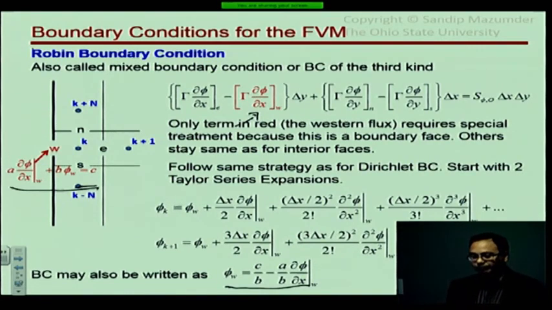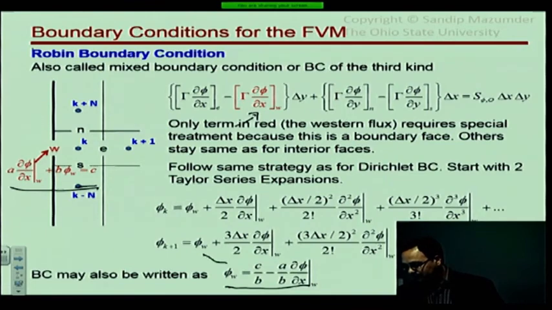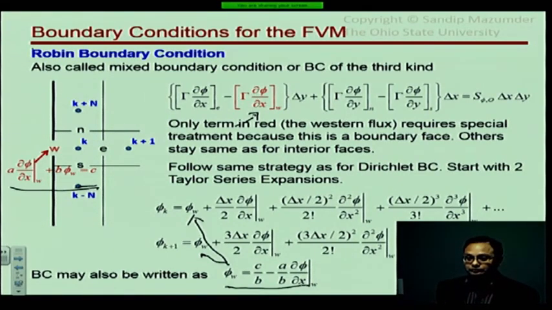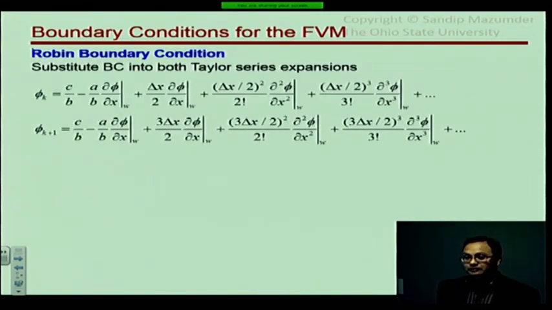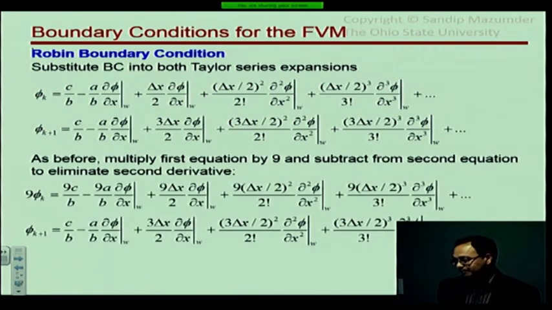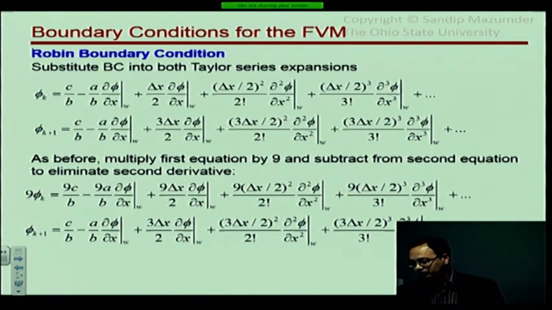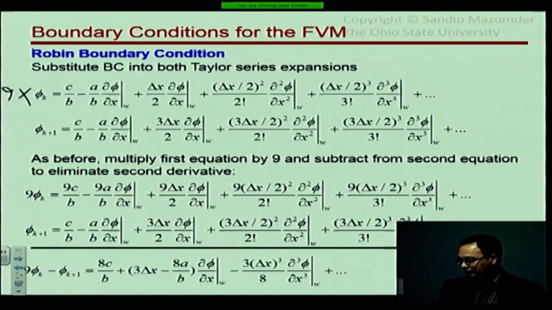So we express phi west in terms of the gradient at the western face using the boundary condition, and then we plug that in here into both expressions. Okay. So once you plug that in, this is what you get. You rearrange, or well, even before rearranging, you multiply this by 9 and then subtract the second equation. That gives you this.